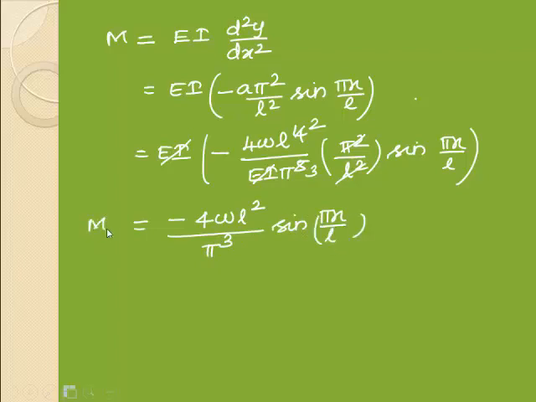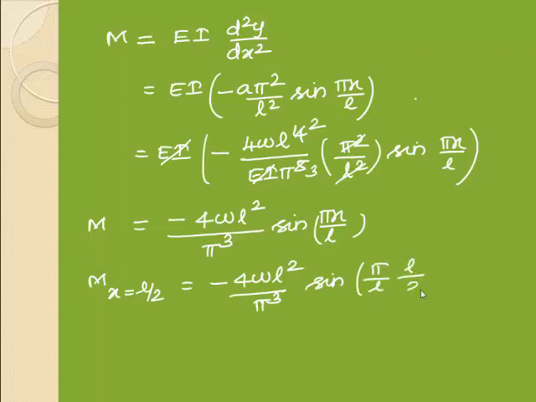So again it is asked to find out the expression of bending moment at the midspan. So at the midspan x value is L by 2, minus 4 W L square divided by pi cube sin pi by L into x is L by 2. Sin pi by 2 value is 1, so the result is minus 4 W L square by pi cube, which is minus 0.129 W L square.